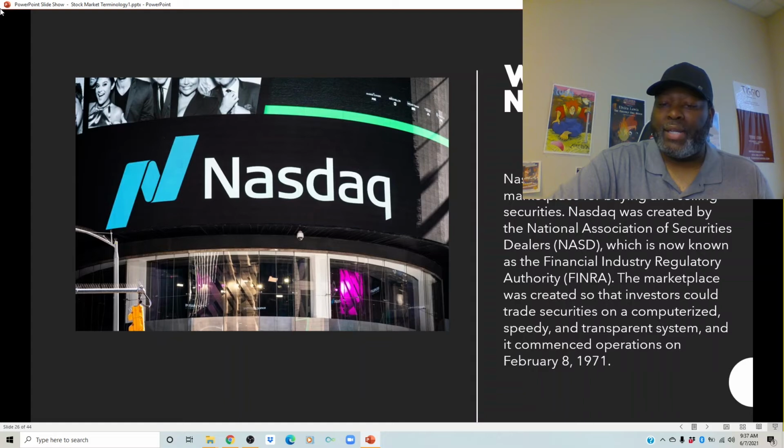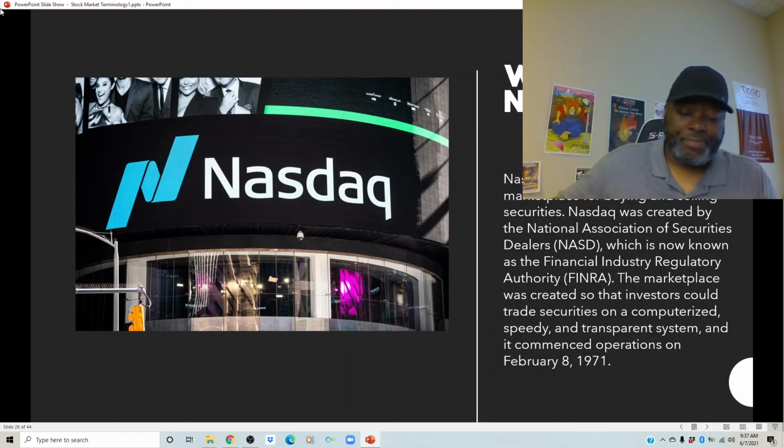The marketplace was created so that investors could trade securities on a computerized, speedy, transparent system, and commenced operations on February 8th, 1971. So it just made 50 years. The Nasdaq is just 50 years old.